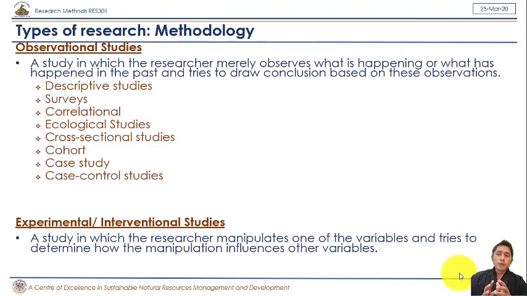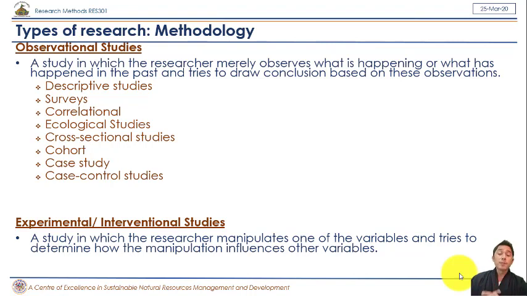So, a few of the many different kinds of studies or research under observational studies are descriptive and survey. Descriptive studies and surveys are most of the time taken up together, but for this one we'll study them quite separately. Then we have got correlational, ecological studies, cross-sectional studies, cohort, case study, case control studies.